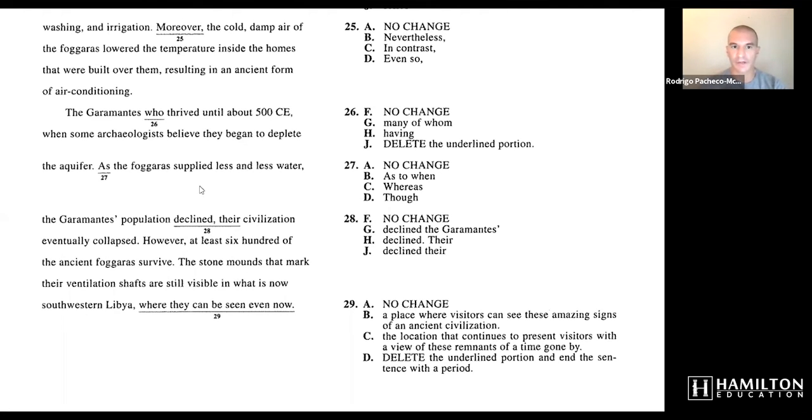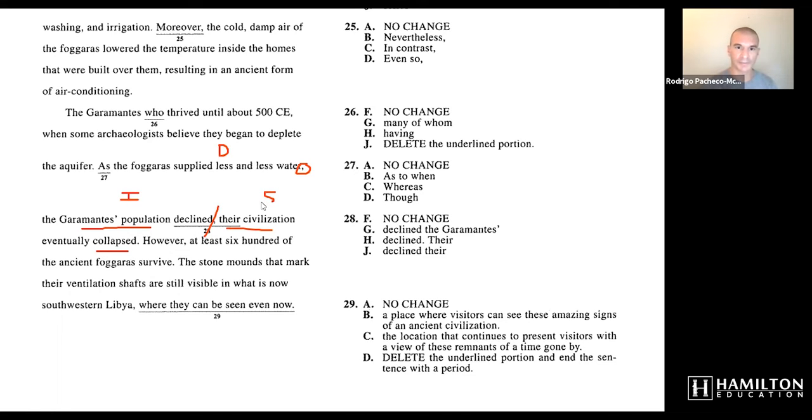So as the Fagara supplied less and less water, this is a dependent clause. We have a comma. The Garamantes' population declined. This is an independent clause. All right, so now we get to the part that's most relevant for this question. Their civilization eventually collapsed. So we've already established that this previous clause is an independent clause, and this is also an independent clause.